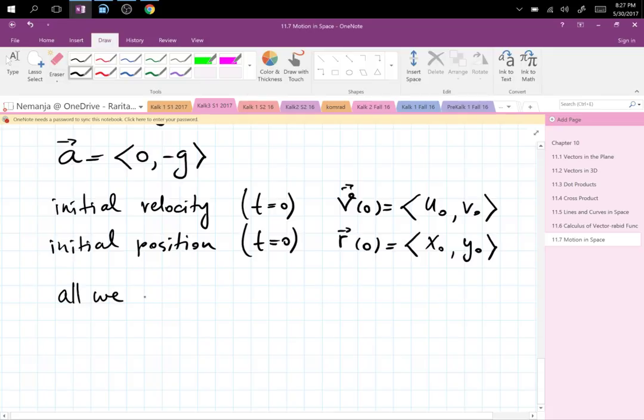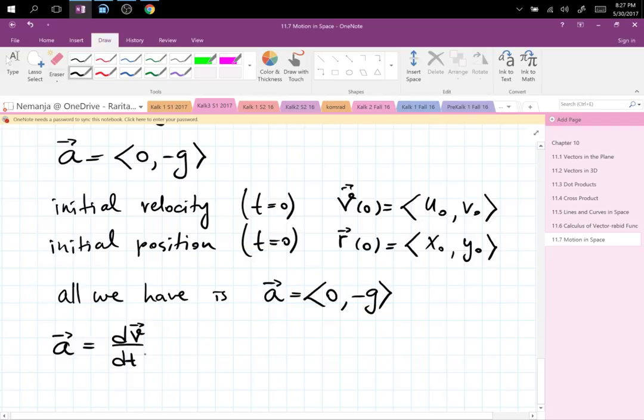So all we have is the fact that the acceleration vector is 0, negative g. Now, we know that acceleration is change of velocity over change in time.